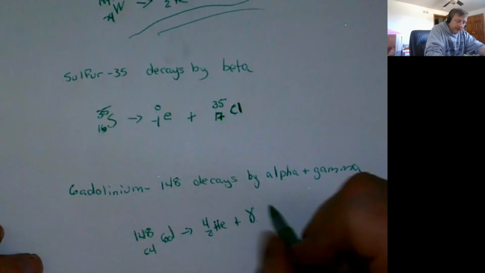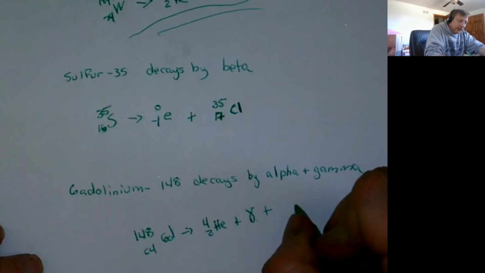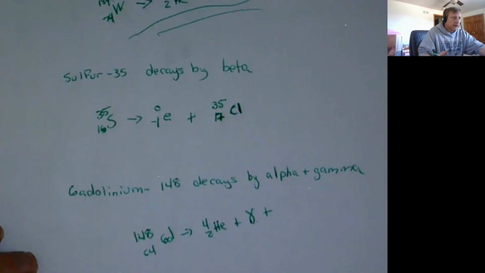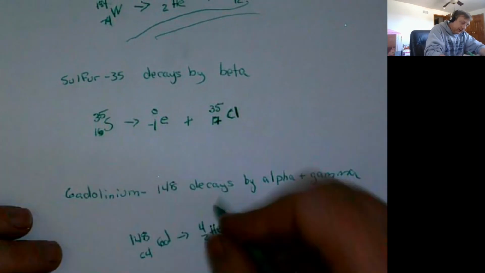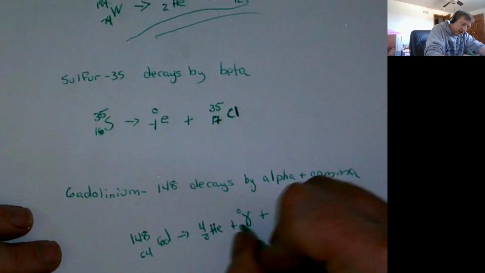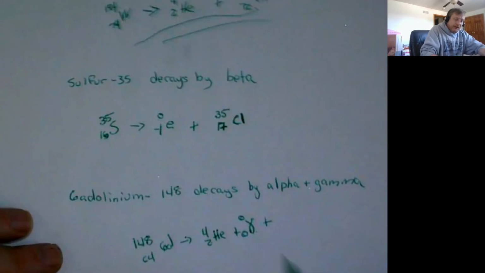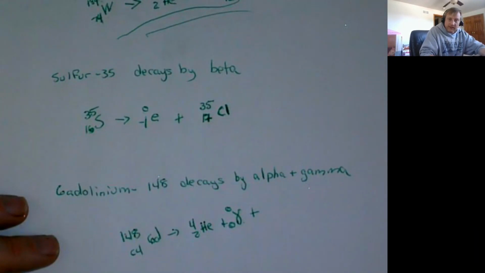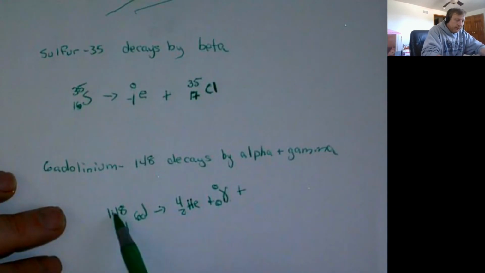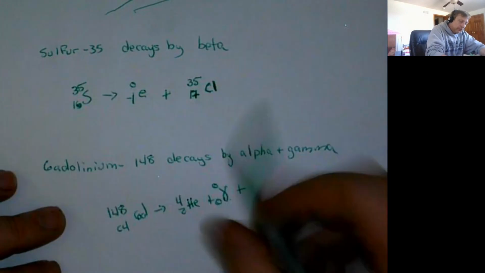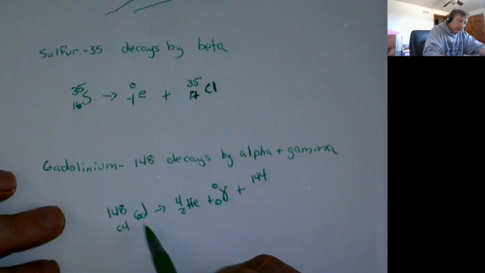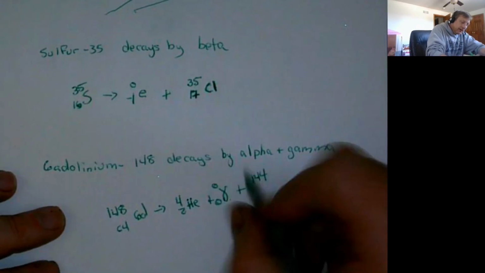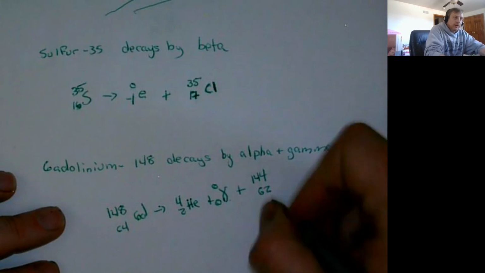So we're going to just write the symbol for a gamma in, and then we have to determine, well, what's our product. And the gamma, again, it kind of has zeros, and you can, if you want, write those in. Zeros in both the top and the bottom, so it doesn't have any effect on the numbers at all. The 148 here has to equal 4 plus 144. And the 64 here has to equal 2 plus 62 here.